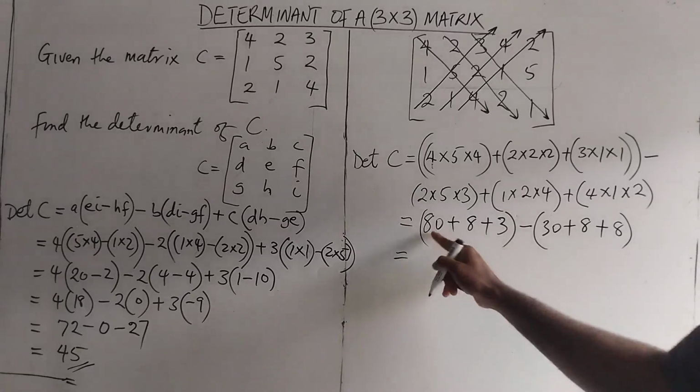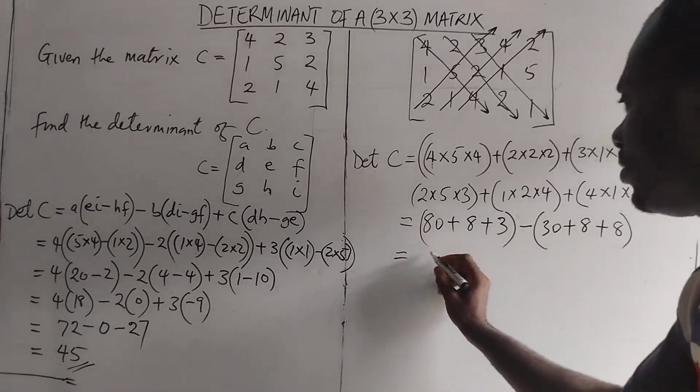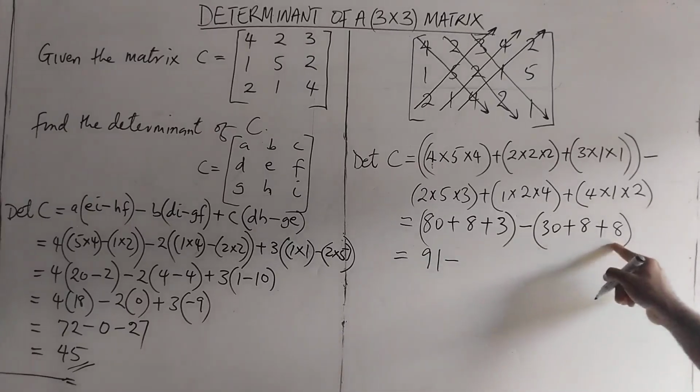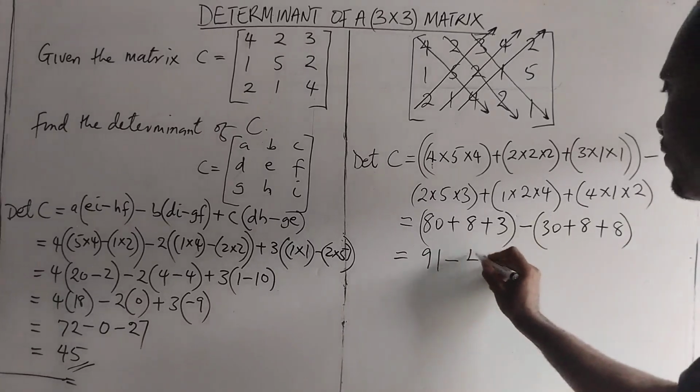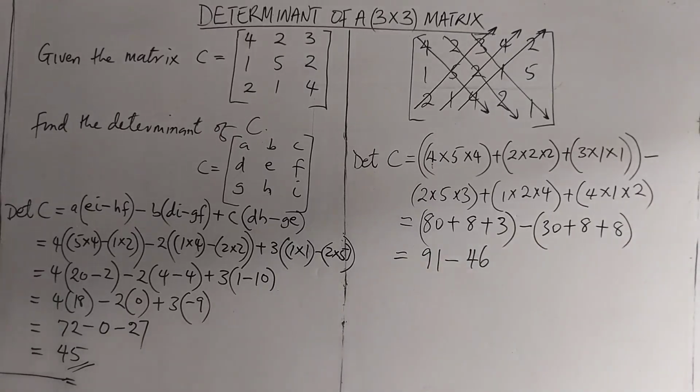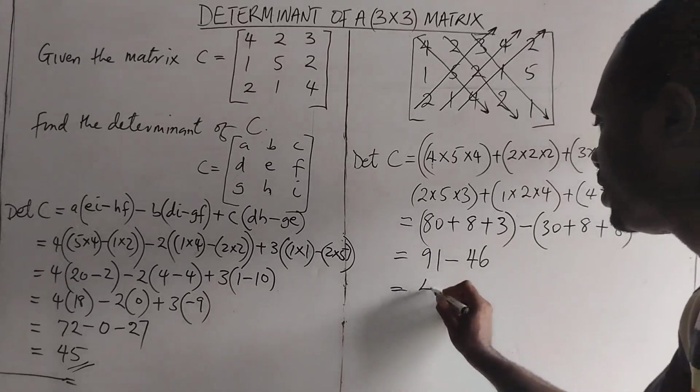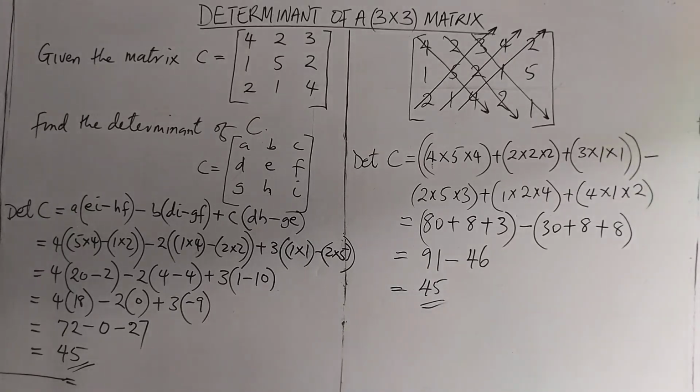We will have, if you add this, you will get 91 minus, add this, you will get 46. If you do the subtraction, you will get 45. So 45 is the answer.